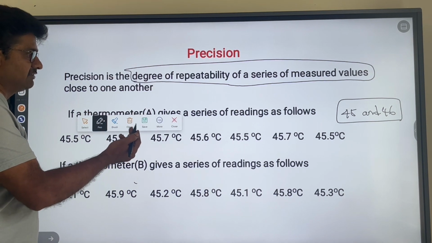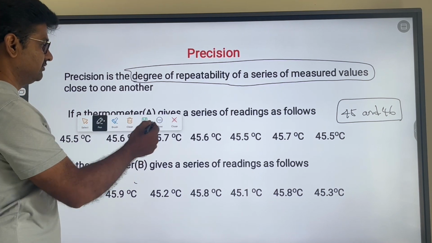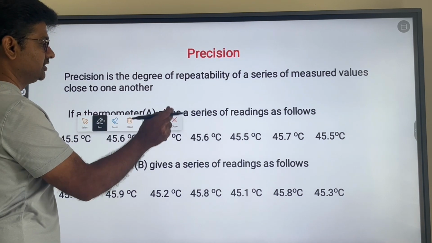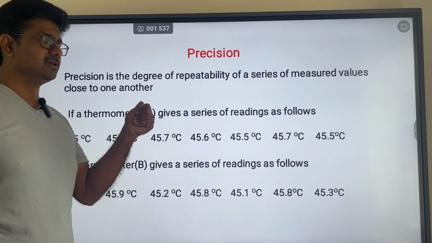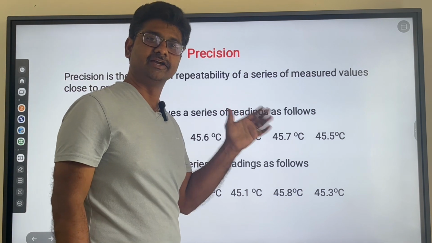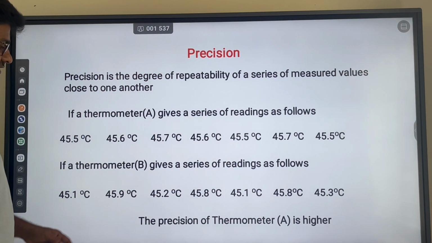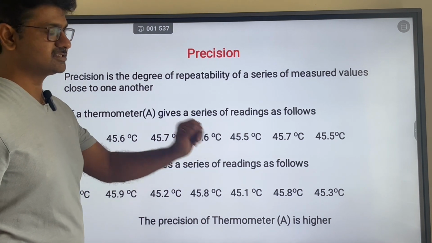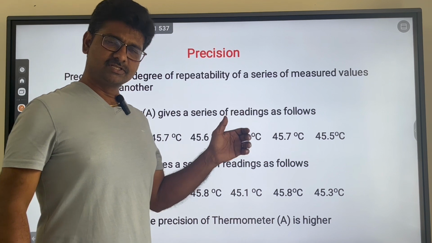So which is having more precision now? If I say the degree of repeatability is more, then in which case is the repeatability more? In the case of A. Therefore, what I conclude is the precision of measuring instrument A is higher. The precision of thermometer A is higher. Are you able to understand? So very simple.